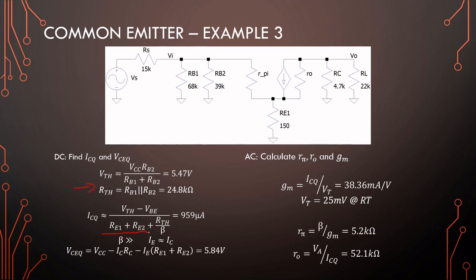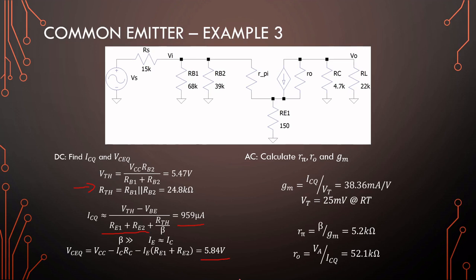And now we just add the second resistor into our IC calculation, and this is about what, 30 microamperes less for IC Q point. So this is roughly the same as example 1.